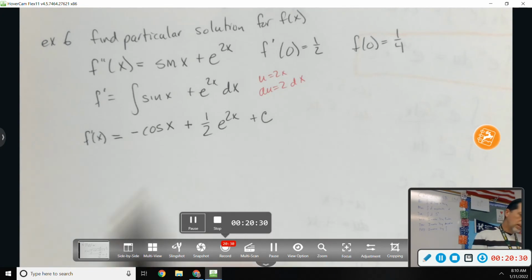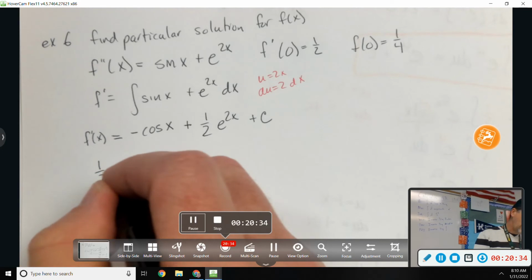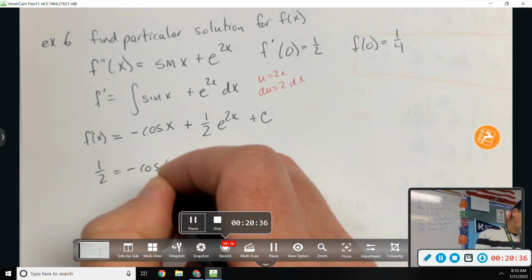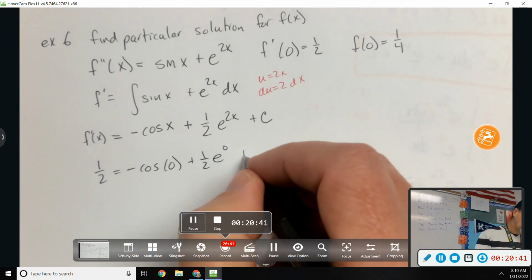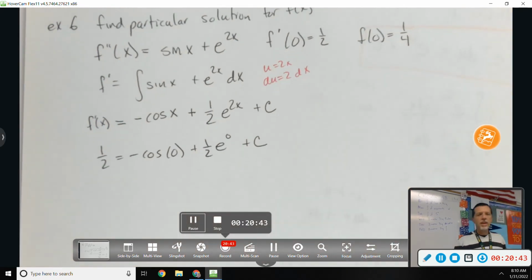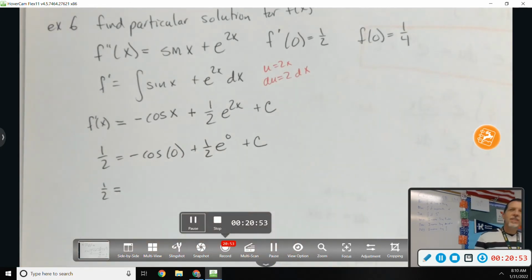So f prime of 0 is 1/2. So 1/2 equals negative cosine of 0 plus 1/2 e to the 0 plus c. What's cosine of 0? 1.